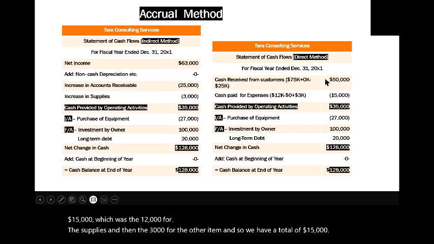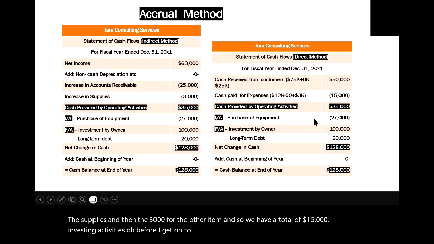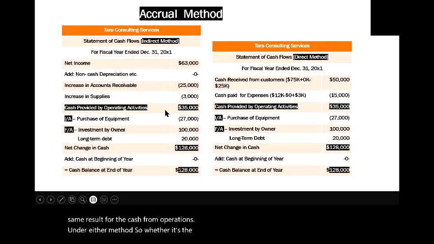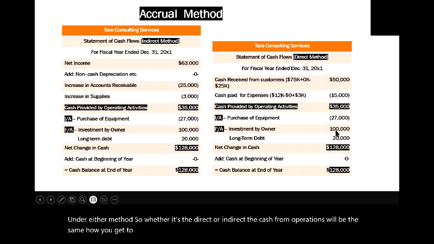Investing activities. Oh, before I get on to that, let me just quickly point out, you will get the same result for the cash from operations under either method. So whether it's the direct or indirect, the cash from operations will be the same. How you get to the number, though, is going to be different.